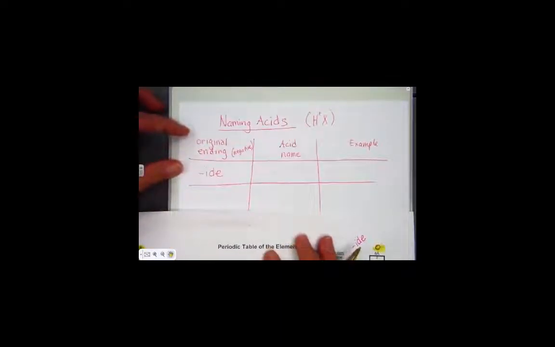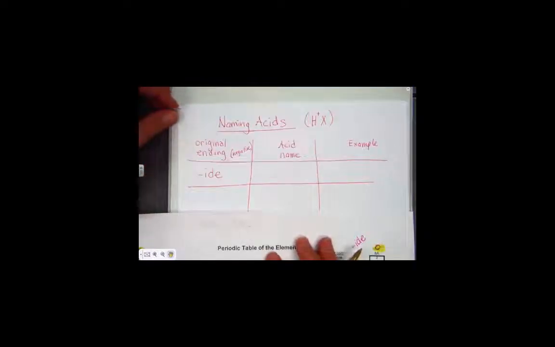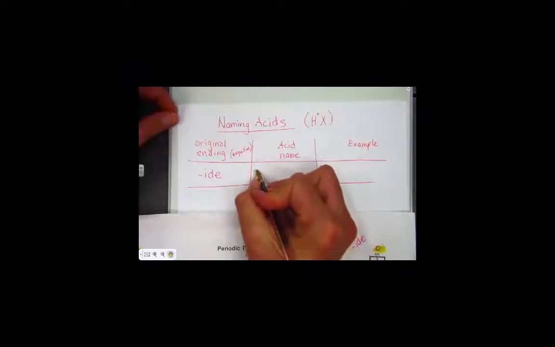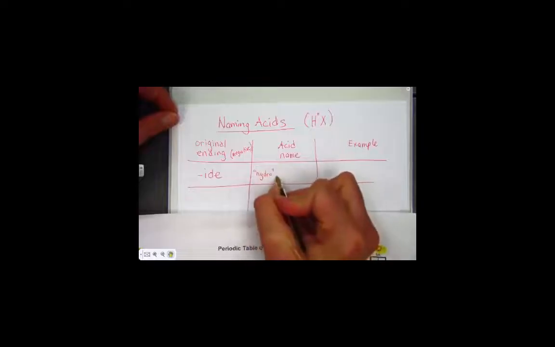If the original negative ion ended with "ide," here's how to name them as an acid. We say hydro, and then whatever that root word is for the element, ended with "ic," acid. Hydro, root word, ic, acid.